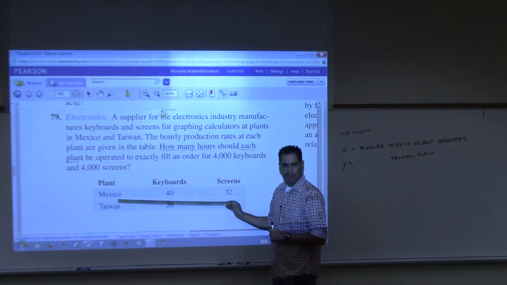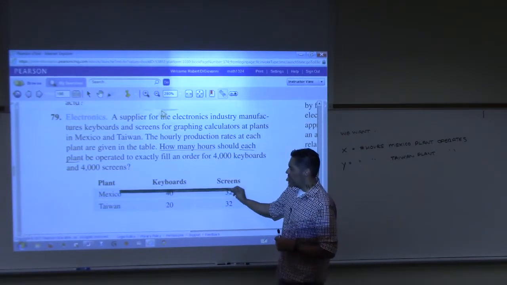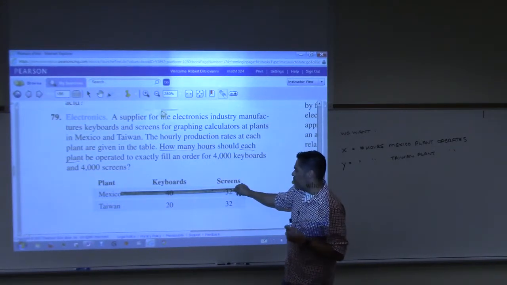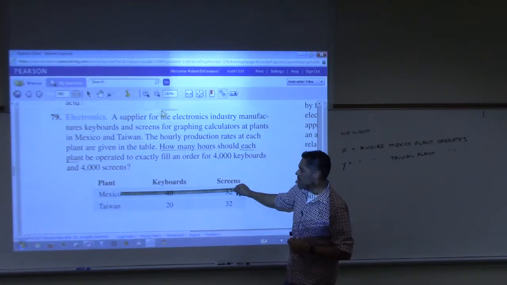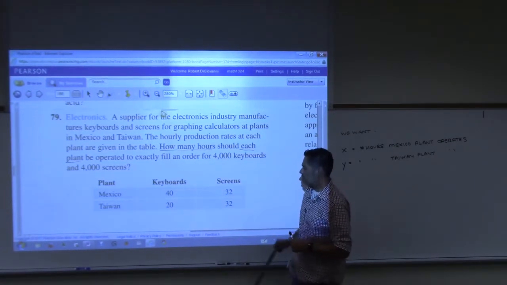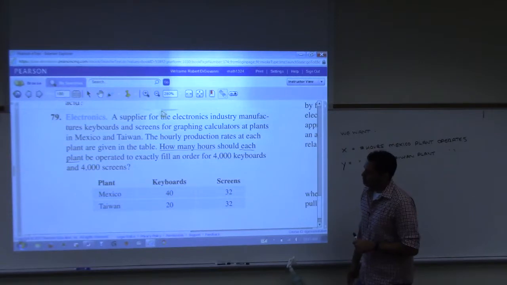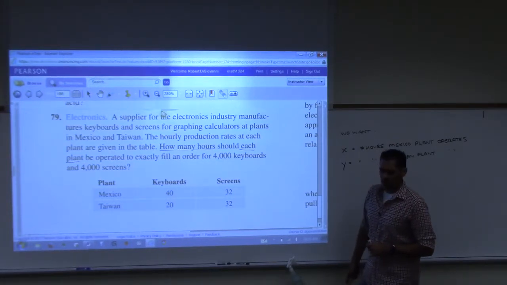The second row says in 1 hour, the Taiwan plant can produce 20 keyboards and 32 screens. So looks like the Taiwan plant doesn't have as many people working there or something, right? It's not as efficient as the Mexico plant.